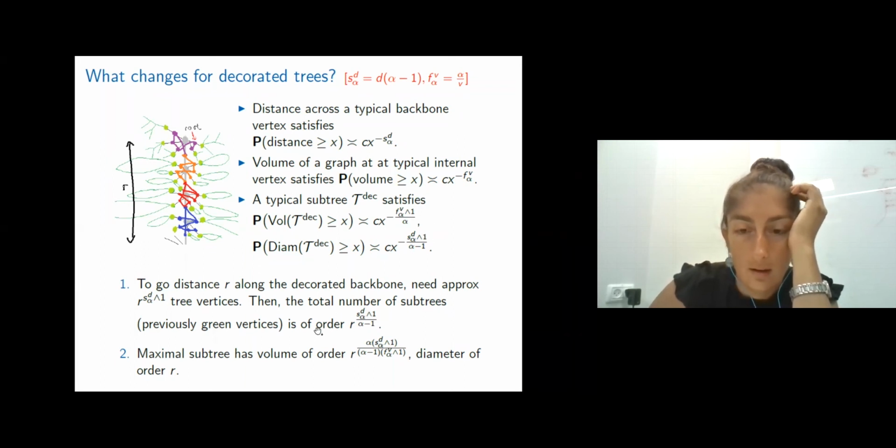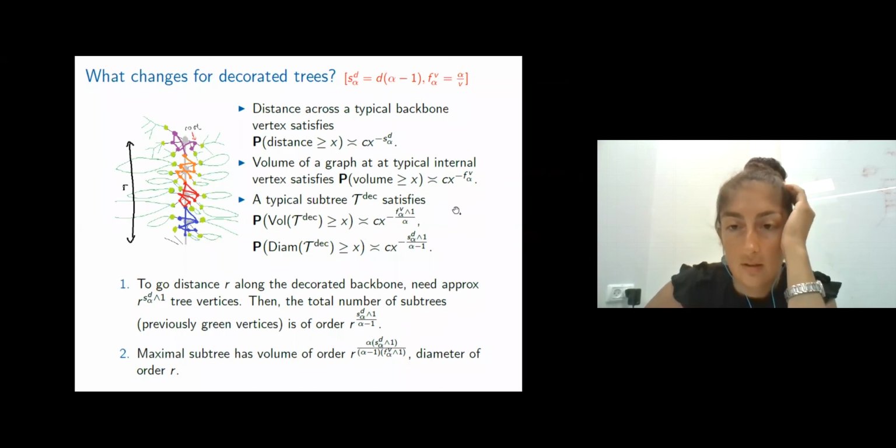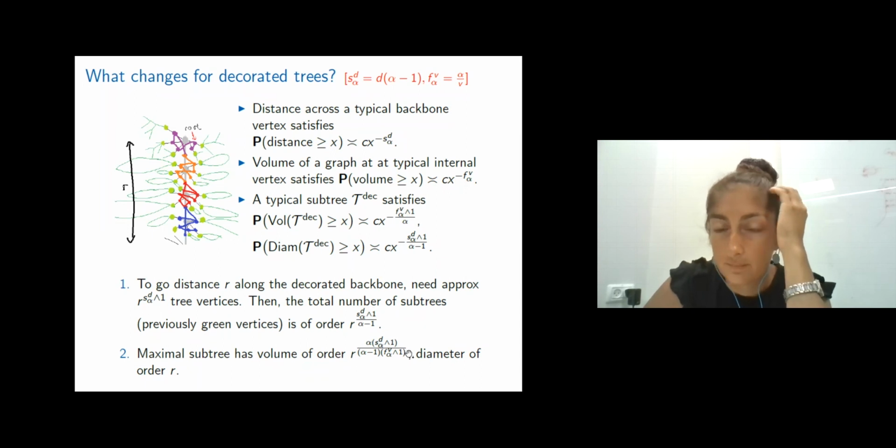And then we have these subtrees. The probability that one subtree is bigger than x decays like x to this power. So we just take this power and divide by this power, and we get the overall power for the volume of the maximum subtree.